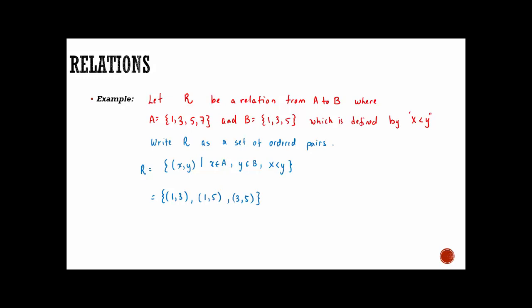So we have those combinations here. Then I move to 3. 3 is less than 5. So I list that one here. If I move forward, 5, there's no element in B that is greater than 5, so I cannot make this condition true. That's why I stop at that point. There's no other combination that will satisfy this relation.